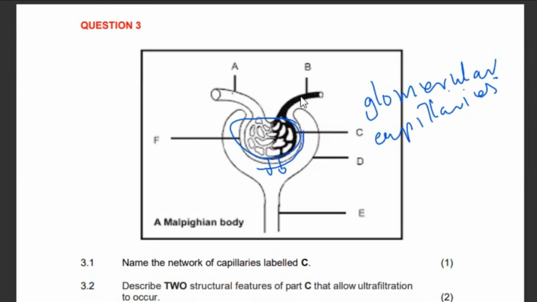And then this one is the efferent arteriole. And then D, how do you call that D? How does it look like a bowl? A bowl, you see? So we call it Bowman's capsule. I think you know what a capsule is. It must be holding something.